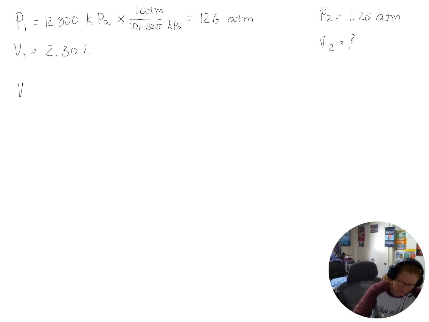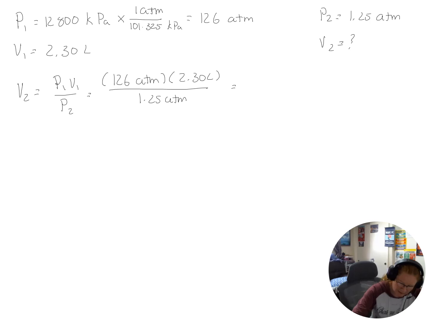So our V2, when we rearrange, we're going to get P1 V1 over P2. So 126 atmospheres, 2.3 liters, and then over 1.25 atmospheres. We're going to get 231.84 liters.